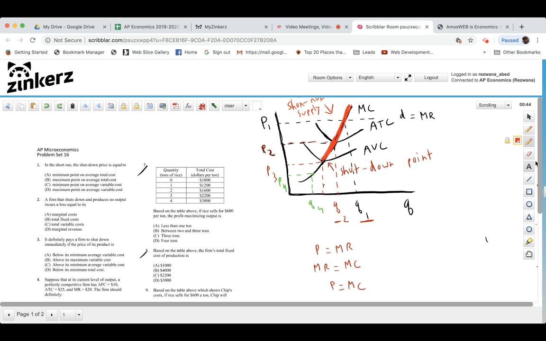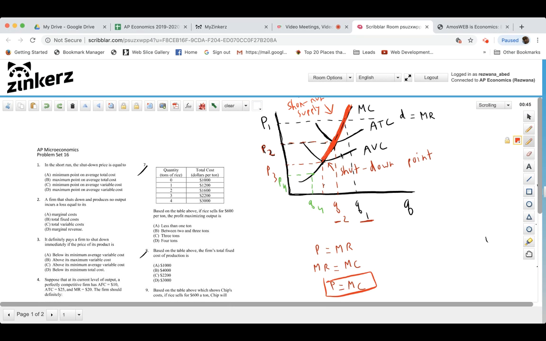But do you understand the logic behind this? Because price is equal to MR, which is equal to MC, price is equal to marginal cost. So you're basically moving along your marginal cost curve to determine your quantity.